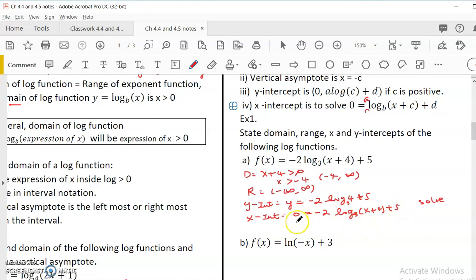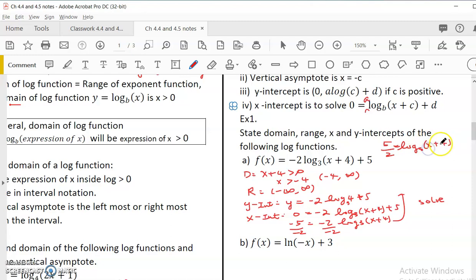So you would have -5 equal to -2 log base 3 of x plus 4, right? And divided by -2, it would be 5/2 equal to log base 3 of x plus 4.